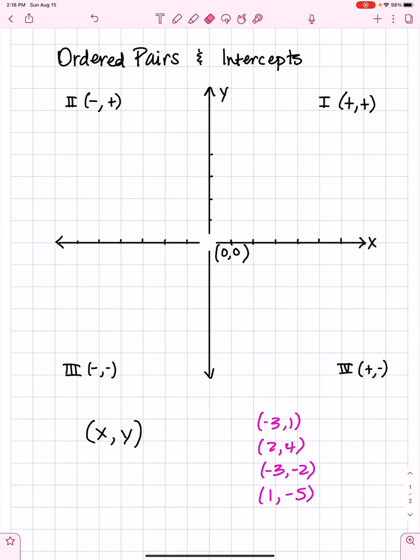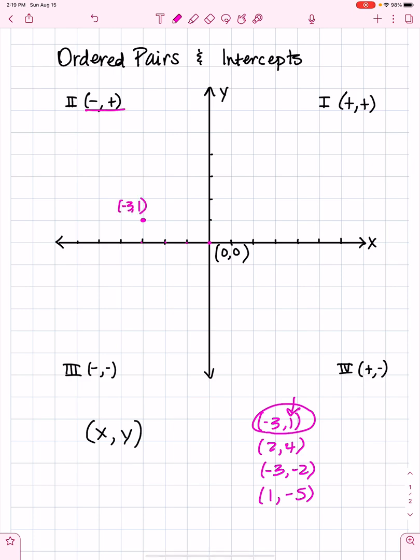So I'm just going to start out from the origin. Okay, -3, 1. Since this is a -3 for x, that means we're moving to the left 3 and then up 1. So that is going to be right here, -3, 1.